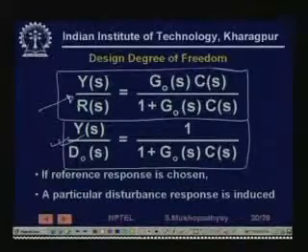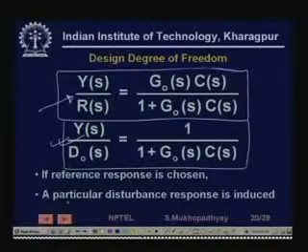So you have only 1 degree of freedom. You can only set the response to one variable. Or vice versa, if you choose Cs to get a particular reference response, then your disturbance response is decided.